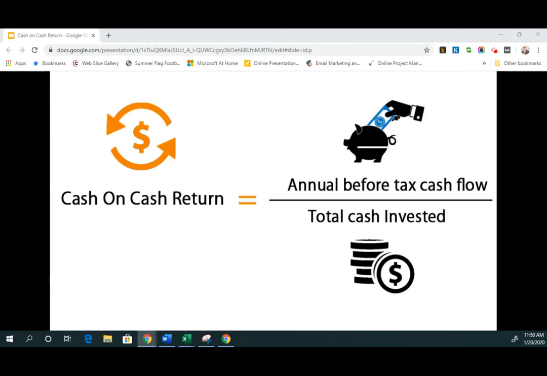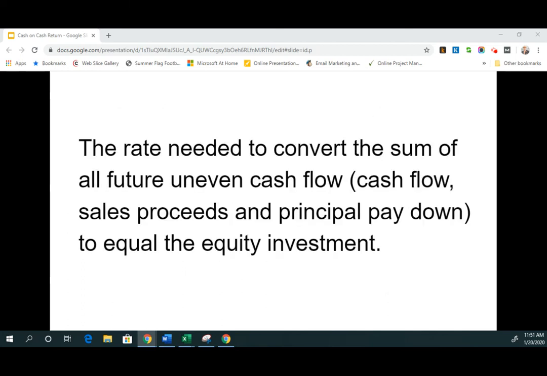Now, when you want to look at multiple years and you have multiple different types of cash flows coming in, this is a different concept than cash on cash. And when you look at multiple cash flows coming in, let's say over 5 years, that is when you use internal rate of return, or IRR. Now I made a video about that previously. You can check it out on the website.